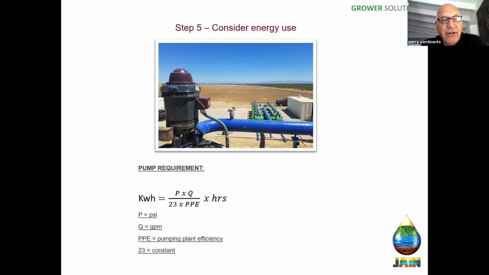Not really, because I need to apply the water that the crop requires. The only way I can lower my flow rate is with better distribution uniformity, because now it's going to take less water to overcome non-uniformity. But how about the pressure part of it? If I can lower my pressure by 10%, I can save 10% of my energy. It's pretty much that simple.